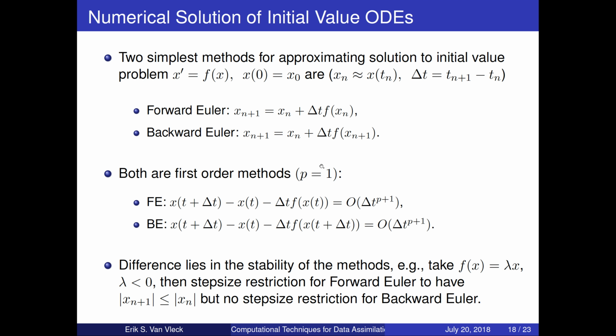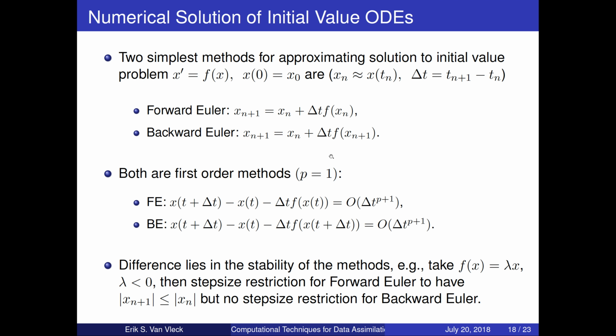Notice the only difference is where f is evaluated. With forward Euler, it's evaluated at the current value of x, xn, and for backward Euler, it's evaluated at the new value of x, xn plus 1. This means we'll have to solve a potentially nonlinear system of equations to determine xn plus 1 using backward Euler.